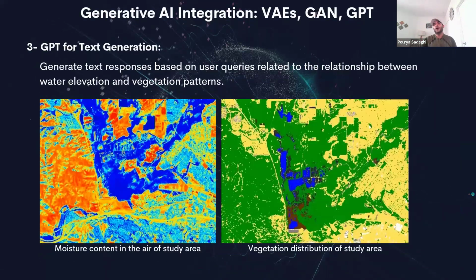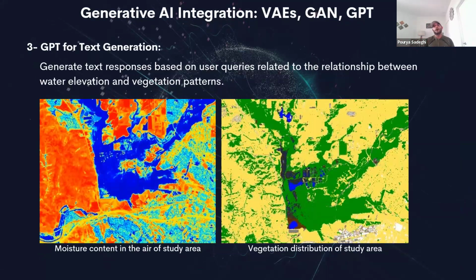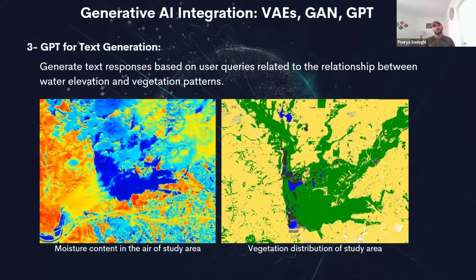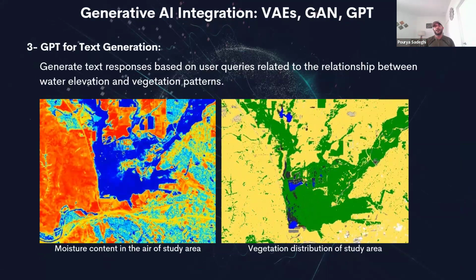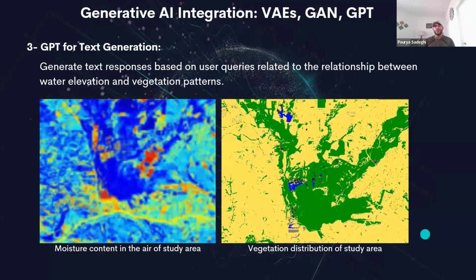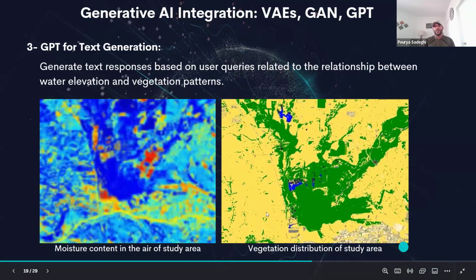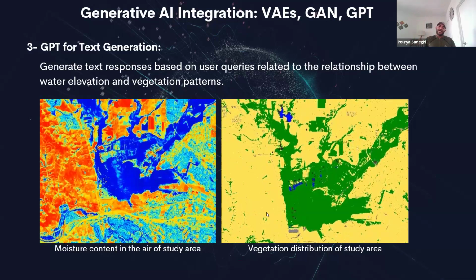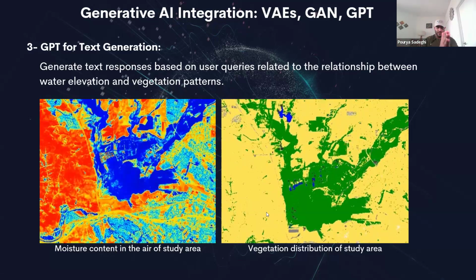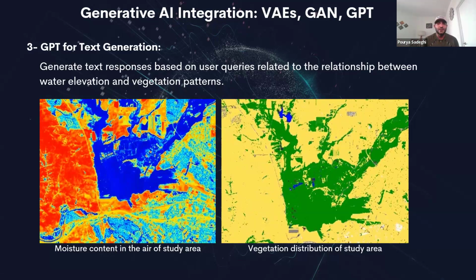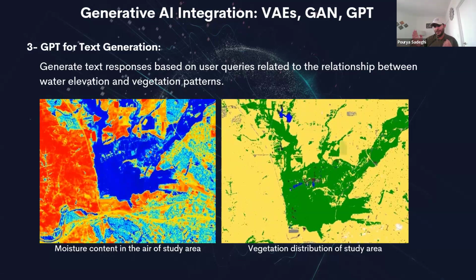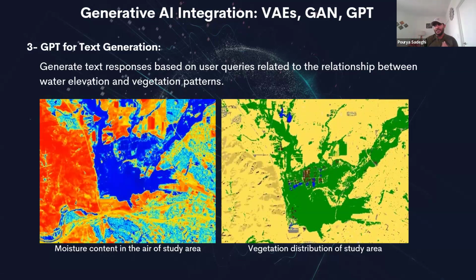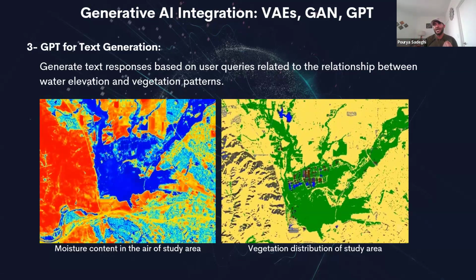So then we have another type of generative AI, which you might have heard about, and the name is familiar. It's GPT for text generation. You have all those data, all those outputs, right? And now you want to ask this GPT, using large language modeling, and basically we use transformers.